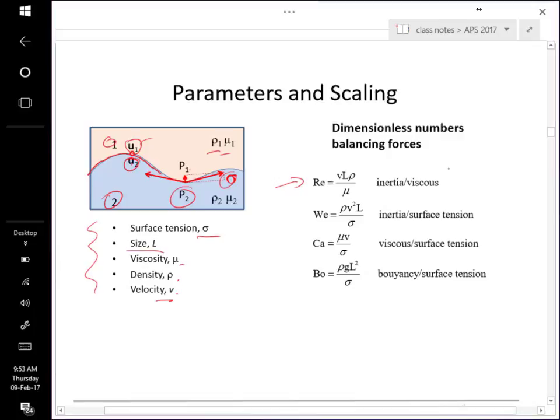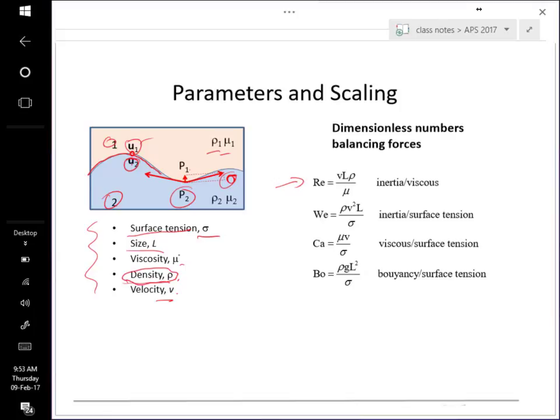And so here's the Reynolds number. Now that we've introduced surface tension and density, or in particular density and gravity, and we saw gravity was going to play an important role, then we'll have other ratios.